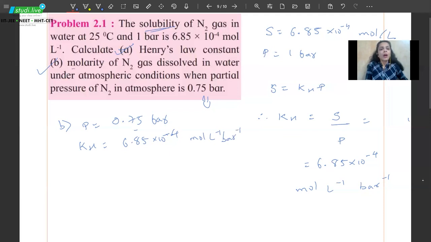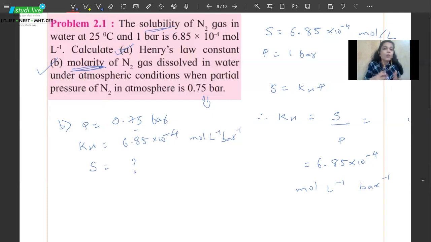They have told us to find the molarity. What is molarity? Can I say it's a concentration unit? It is the amount of solute that is present in the given amount of solvent to form the solution. So for this condition, they are giving us an indirect indication about the solubility.